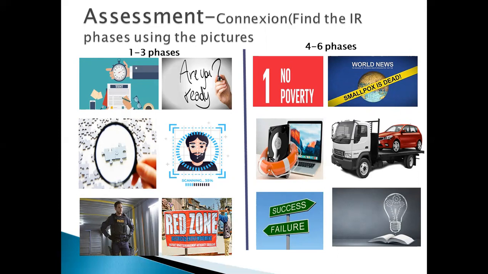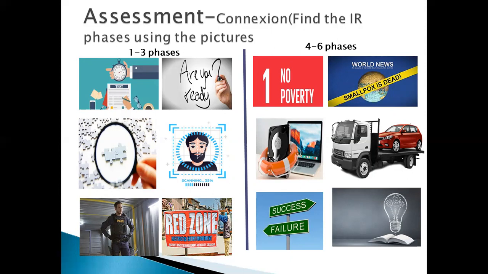First one, what we will do is prepare. So the first phase is preparation. Second phase, it is searching for something, finding someone. So this is identification, the second phase. And the third one, a police and a red zone is there.